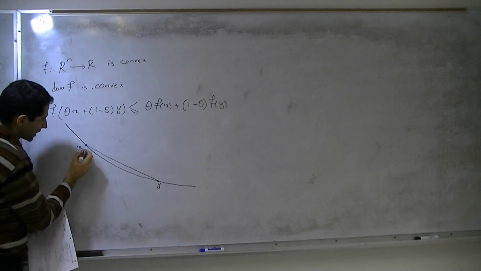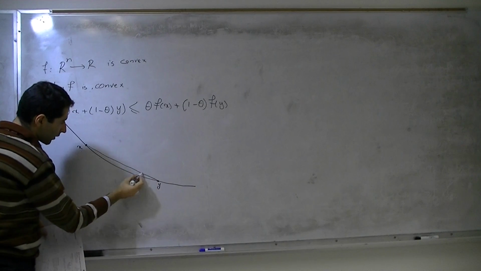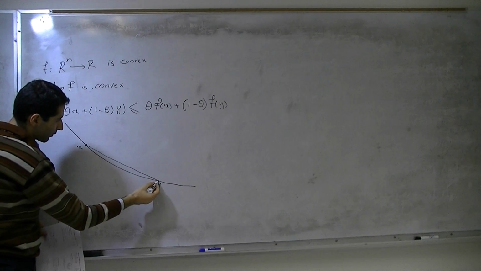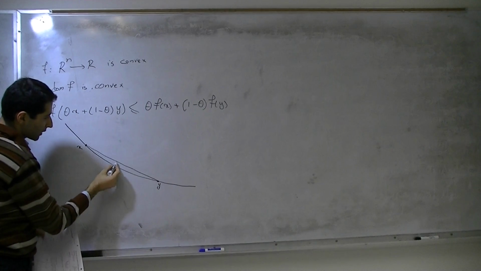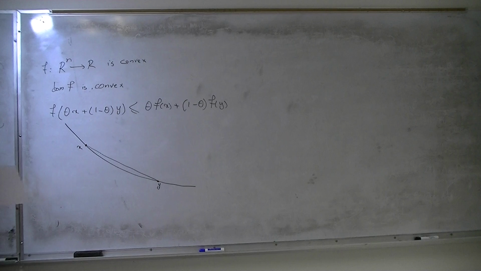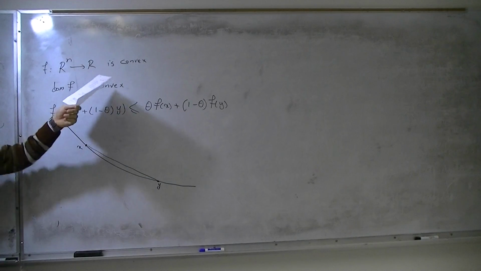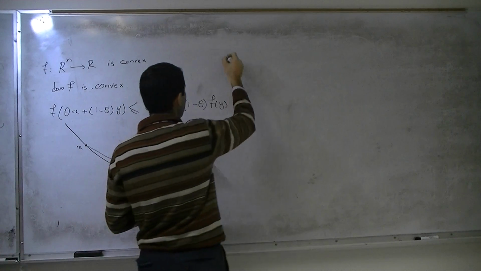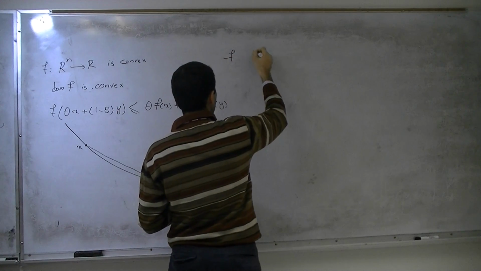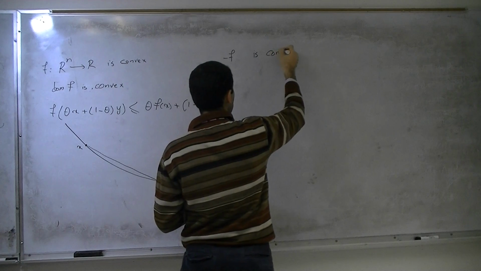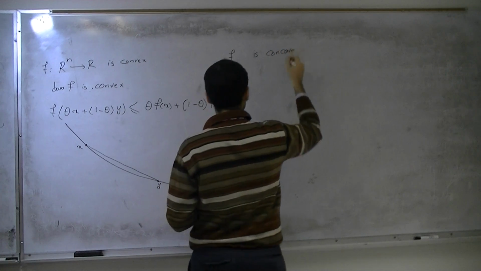For example, if we select any point in between x and y, the value of the curve is less than the value of the straight line, basically. And if f is convex, minus f is concave.